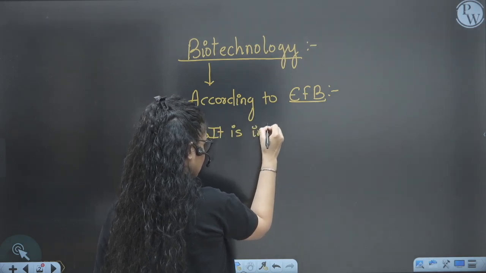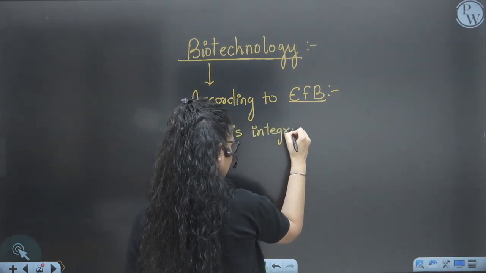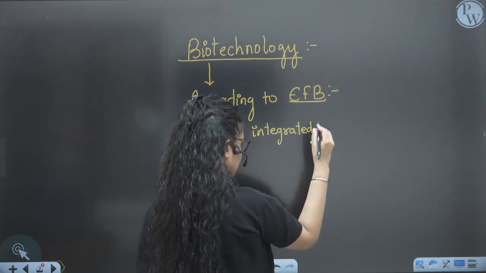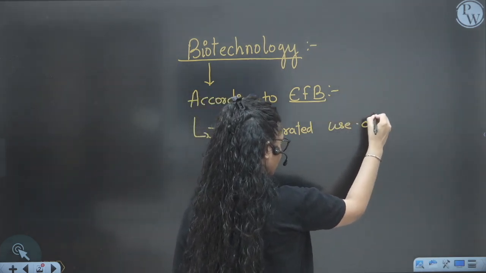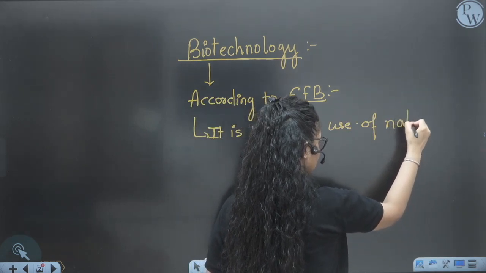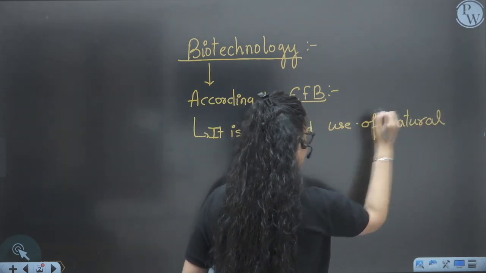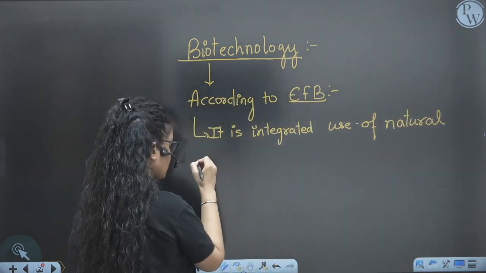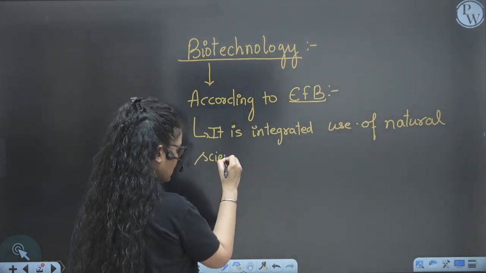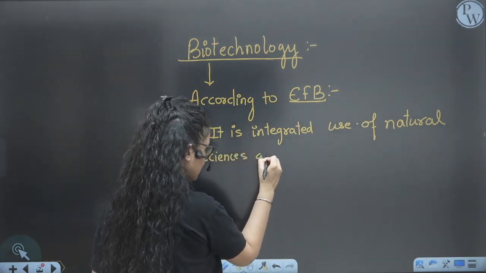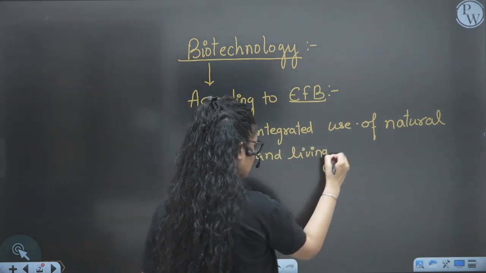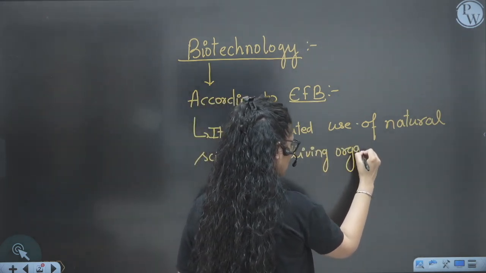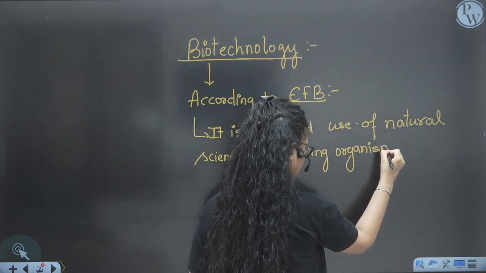Integrated science. Integrated means we have integrated a lot of things here. Integrated use of natural sciences, meaning the natural capacity of the microorganism to form the product, and we are using living organisms also. We are using their genes also in order to obtain the product, right?